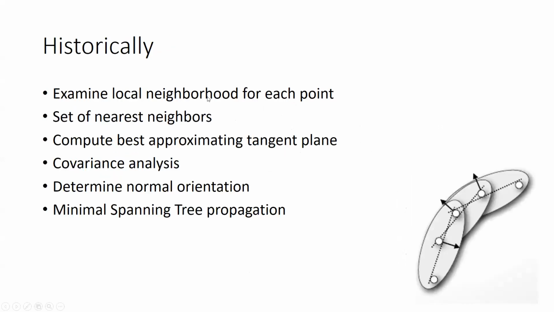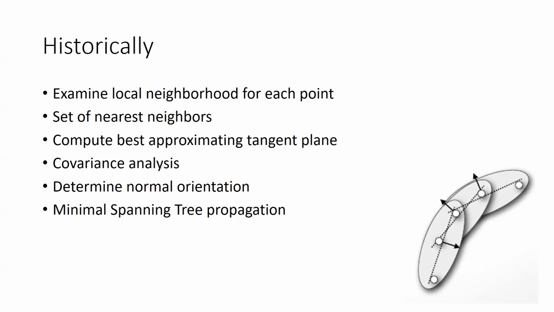Historically, without AI, researchers tried to estimate the local nature of the point set. For example, I find a local neighborhood, a small group of points, and I try to see what it looks like. Usually for an object, the local neighborhood will look like a surface.